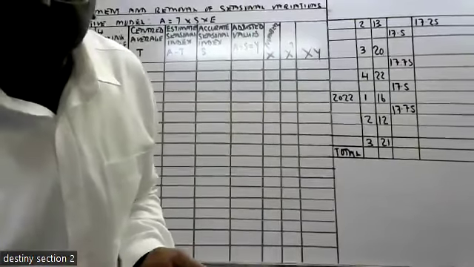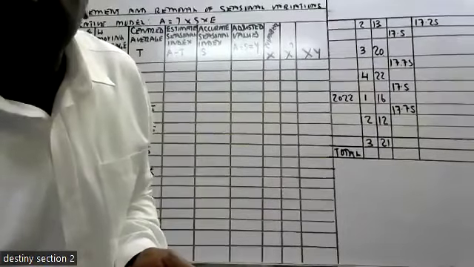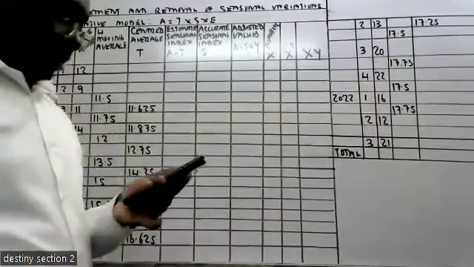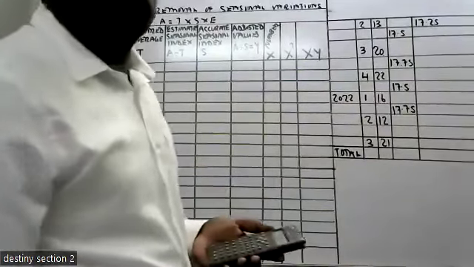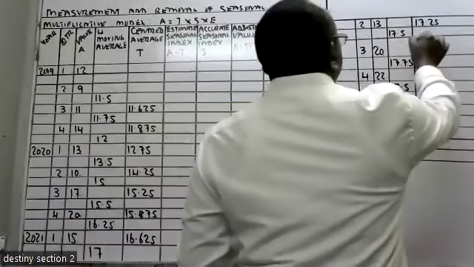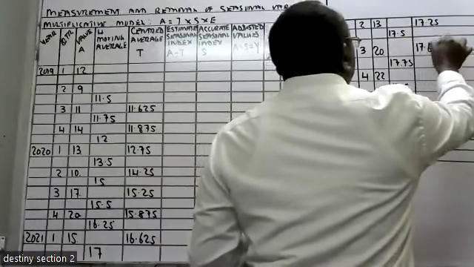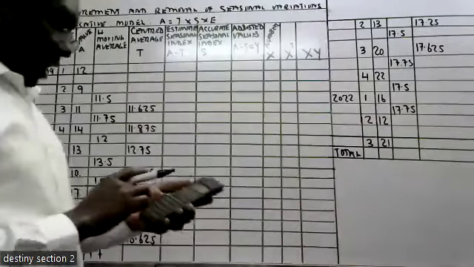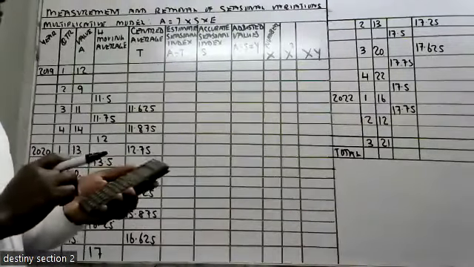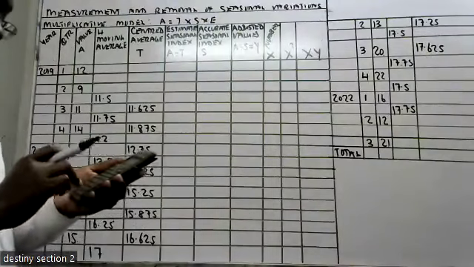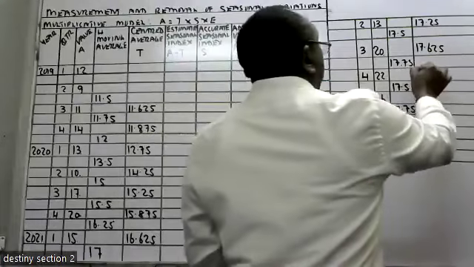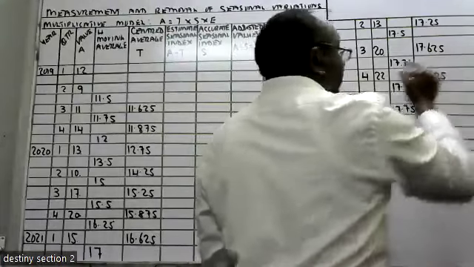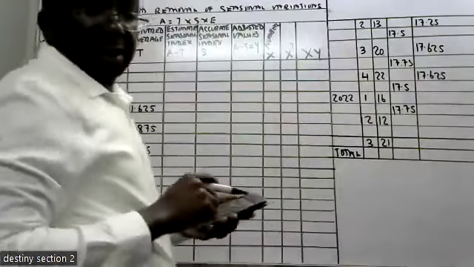17.625. This other one, 17.75 plus 17.5, you divide by 2. It is also the same, 17.625.